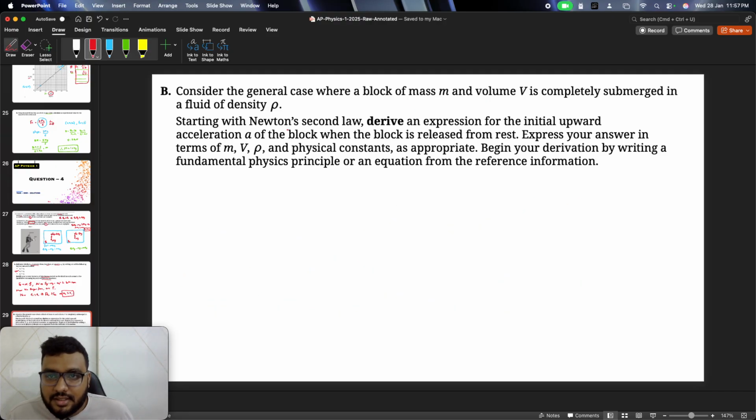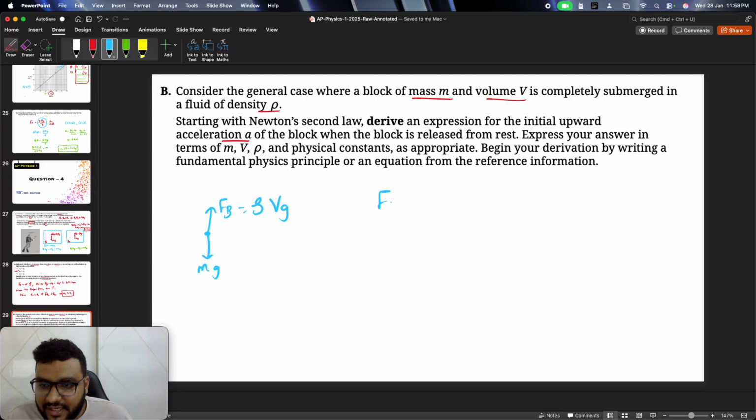Next, consider the general case where a block of mass m and volume V is completely submerged in a fluid of density ρ. Starting with Newton's second law, derive an expression for the initial upward acceleration a of the block when the block is released from rest. So what we just did: here I will have the weight mg, and on the top I will have a buoyant force, ρ Vg, where the volume is V and the density is ρ.